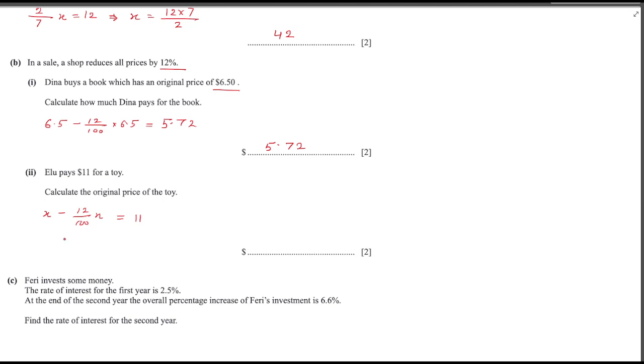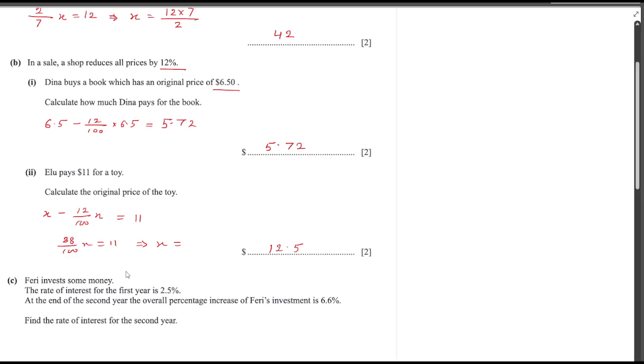So 88 divided by 100 times x is 11, and therefore the value of x is 11 times 100 divided by 88. So this is 12.5. So your original cost is $12.5, which after a 12% discount you will sell at $11.